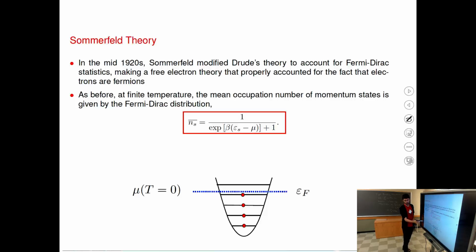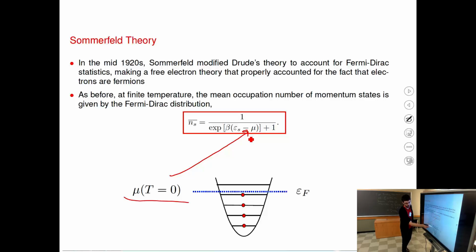At 0 temperature, all the states below a certain energy level are completely occupied. This factor will give you 1. And they're completely empty above that level. So that level is mu, or the chemical potential. In this case, this is not mobility. This is chemical potential at 0 temperature. And this is a thing that is featured here in the Fermi-Dirac distribution.